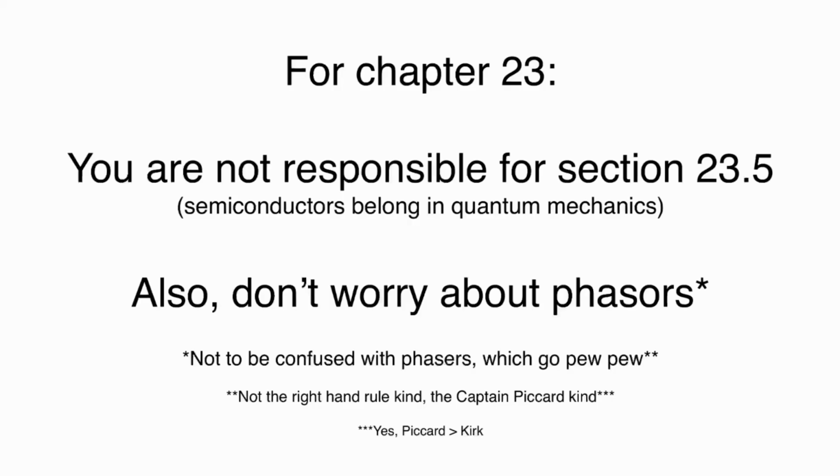A phasor, spelled with an O, is a rotating vector, and vectors are bad enough. We don't need to put them in rotation. Unless you're going into electrical engineering, there's absolutely no reason to be thinking about it. So we're going to make this a one-day chapter by tossing some information out that we don't have to worry about.